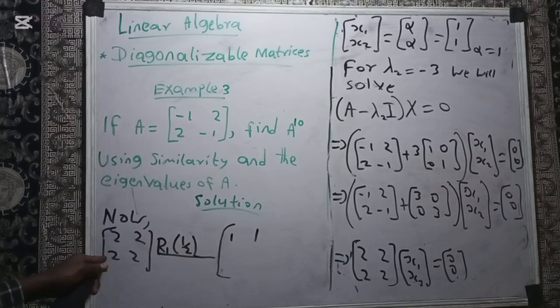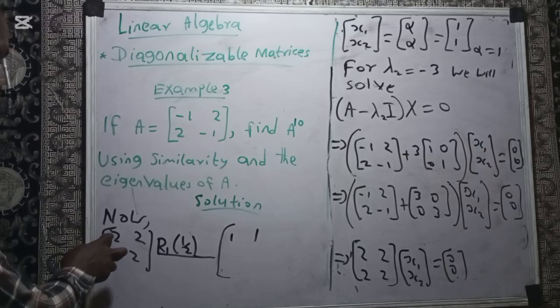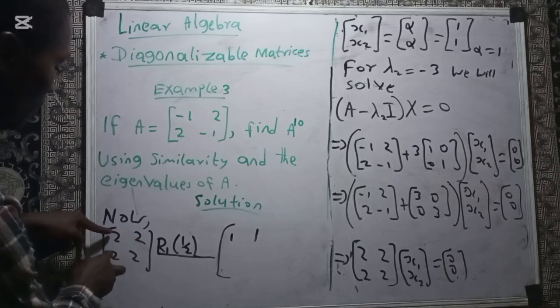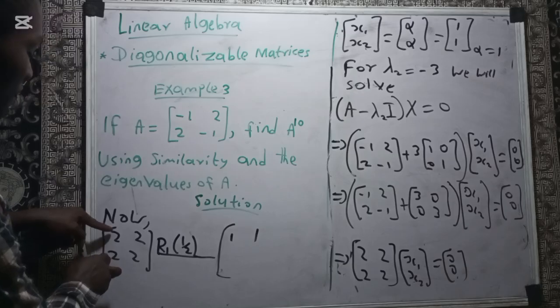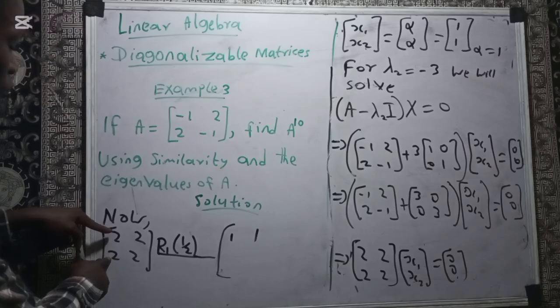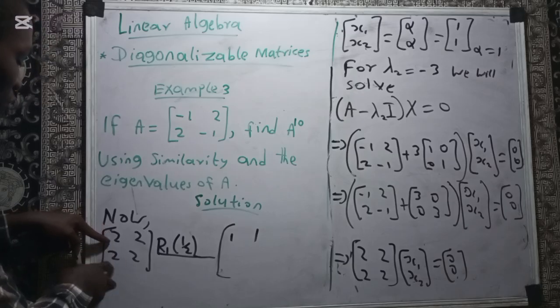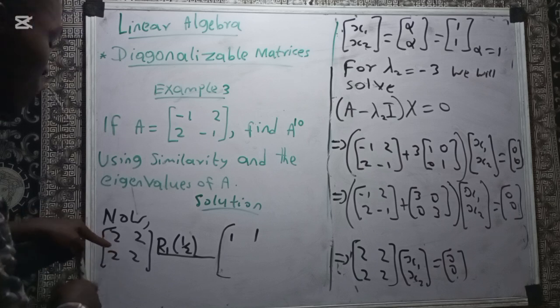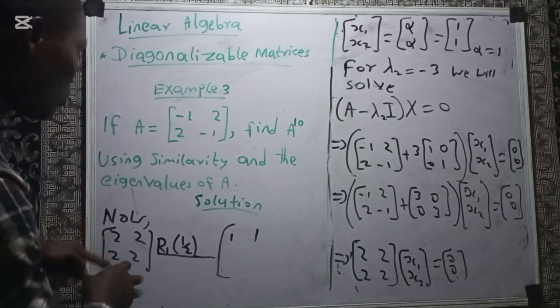After the first non-zero number, which is 2, and the 2 is located at column 1, every other number below it at that column 1 will be 0. What is below is this 2 located at the second row. So let's make it 0. How do we make it 0?